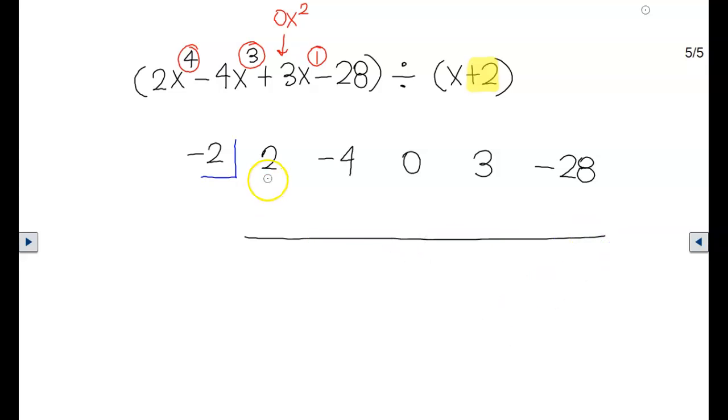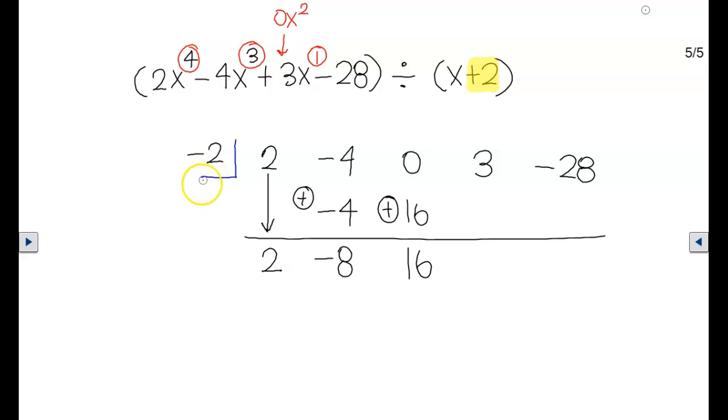All right. Start your synthetic division here by bringing down the first coefficient and placing him below the line. We're going to multiply negative 2 times 2. That is negative 4. And then we add. Negative 4 plus negative 4 is negative 8. We do negative 2 times negative 8. That's 16. And we add. 0 plus 16 is 16.